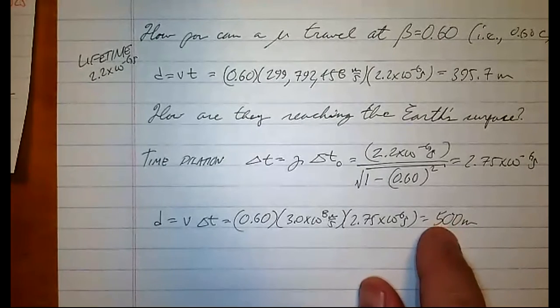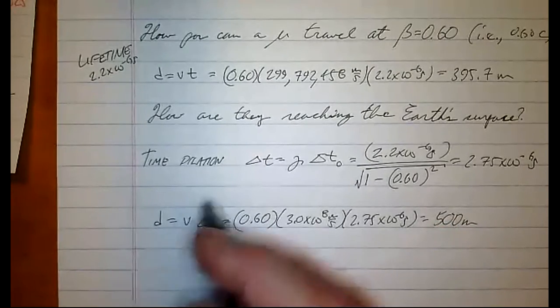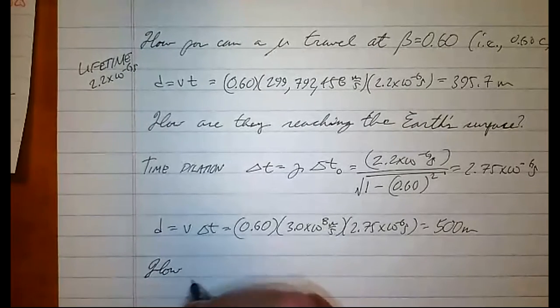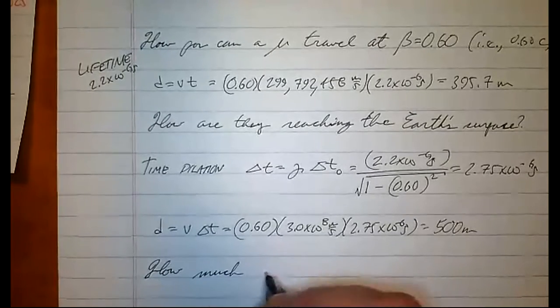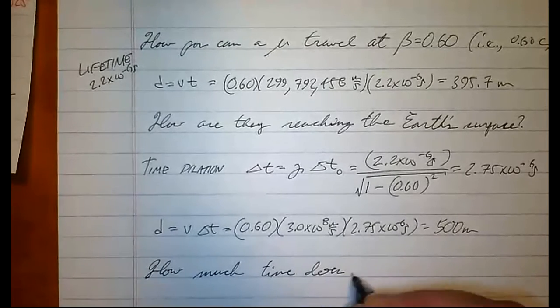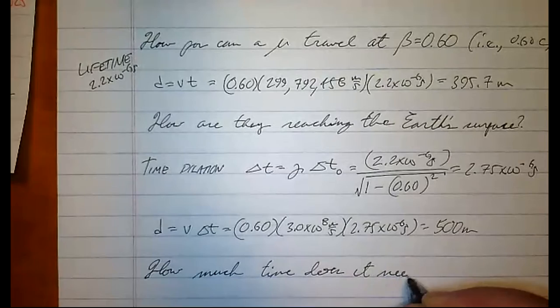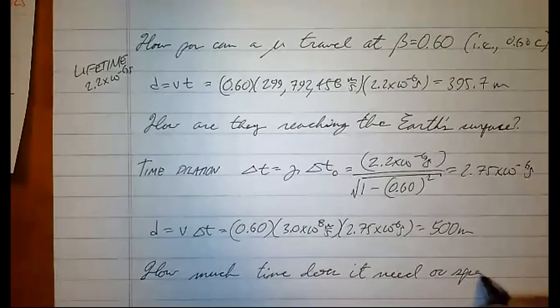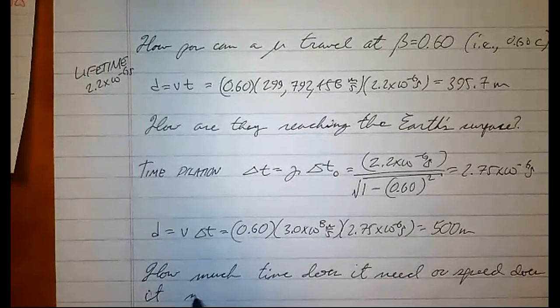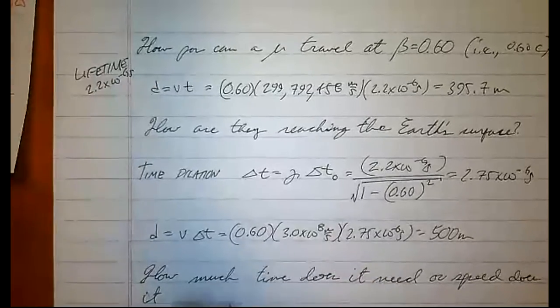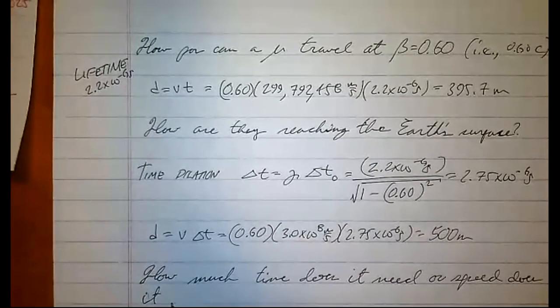Okay, so if you really want to know how much time it needs, or how much speed it needs, you see in this problem, if you try to work it this way, you've got two variables, both of which are affecting each other.